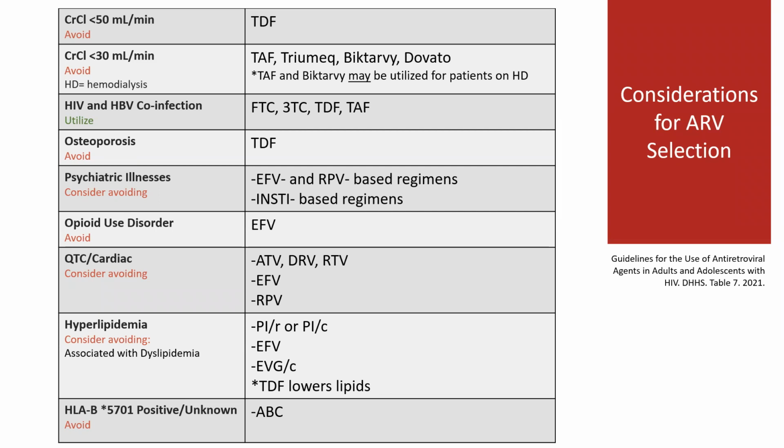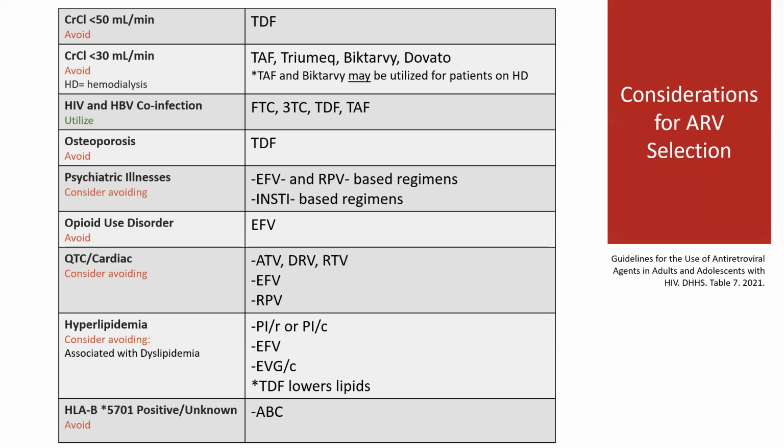Patients with an opioid use disorder who are being treated on methadone, avoid efavirenz components because efavirenz will actually decrease the methadone concentration, thereby increasing the risk of opioid withdrawal. Cardiac and QTc effects, consider avoiding, of course, our protease inhibitors, efavirenz, as well as rilpivirine. And then hyperlipidemia, the following medications have all been associated with dyslipidemia.